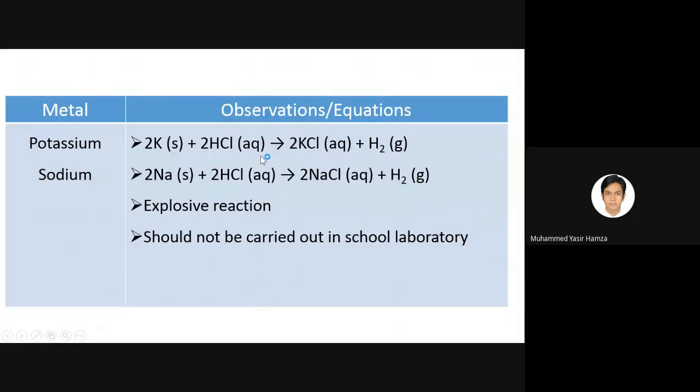An observation: potassium reacting with hydrochloric acid will form potassium chloride, a salt, and hydrogen gas. And sodium reacting with hydrochloric acid forms sodium chloride and hydrogen gas. These are examples I have given, and these reactions are very explosive. That's why we advise not to carry out this reaction in the school laboratory because it can cause an accident.